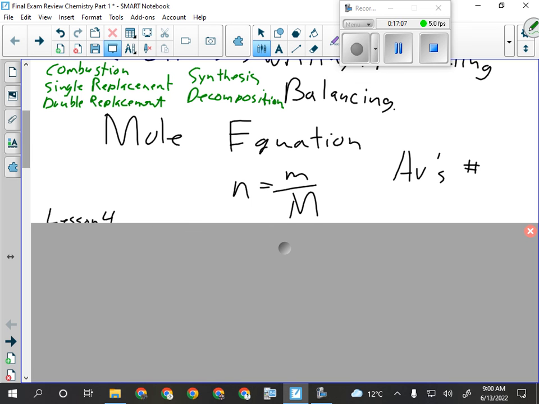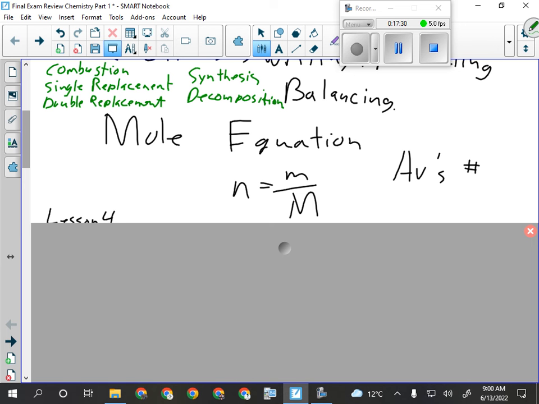And the other main concept that we went over was the mole equation. Being able to do mole equation calculations, which again, we'll go over here in a few minutes. I have a couple of examples that we can go over. So make sure you know how to use n equals little m over big M, or number of moles equals mass divided by molar mass. And then you got Avogadro's number. That is on your formula sheet.